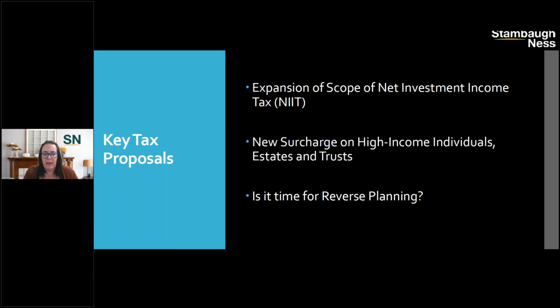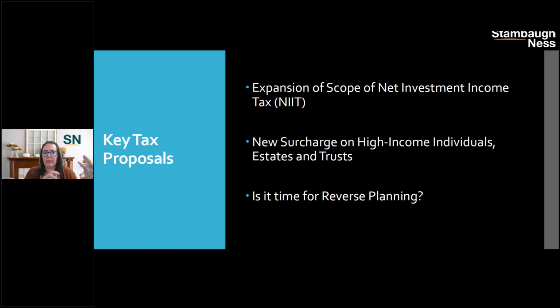It came into effect back when President Obama was in office, and it's that 3.8% tax on investment income. Up until this point, pass-through entities were immune to this tax because they're active trade or business income. But the talk of the town now, and what's in those proposals, is that that 3.8% could potentially be applied to pass-through business income.